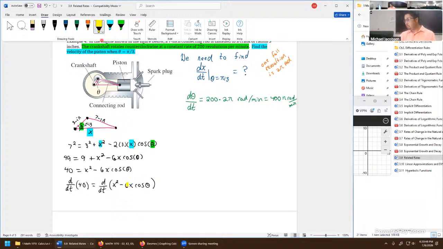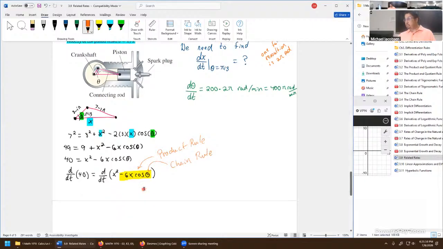Let's highlight that in yellow. I'll carry the sign as well, why not? So we have to use the product rule here. And even more, when we differentiate cosine theta, this is going to involve the chain rule. So let's carefully run through this derivative.